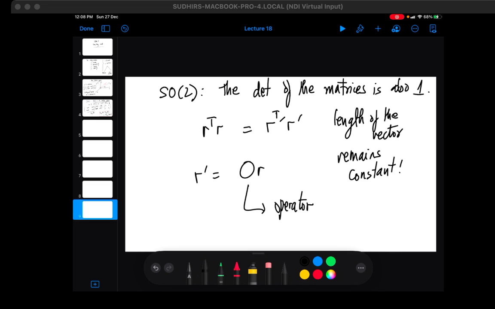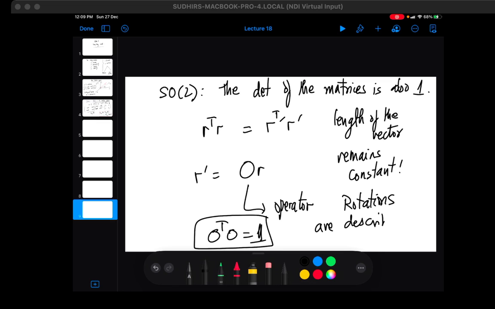And that is precisely the reason why the rotation group is always described by an orthogonal transformation. That is the reason why rotation groups are always described by orthogonal groups. So the symmetric transformation should be an orthogonal symmetric transformation.